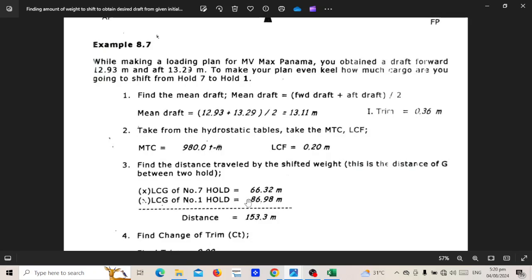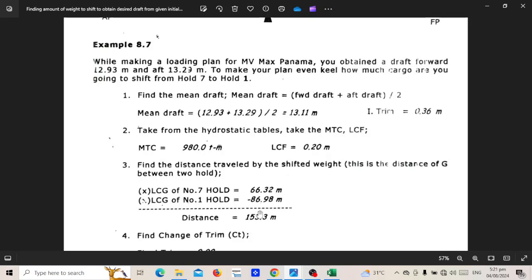Don't get mixed up with this negative sign. It only indicates that hole number 1 is the forward part of the vessel from the center of flotation. That's why it's minus. So don't get intimidated by this negative sign.